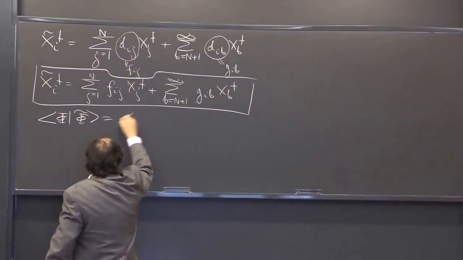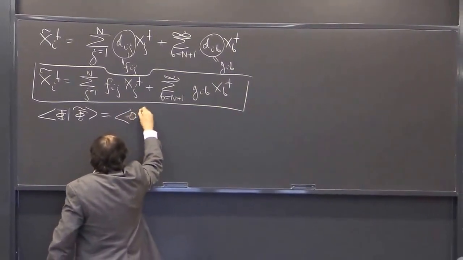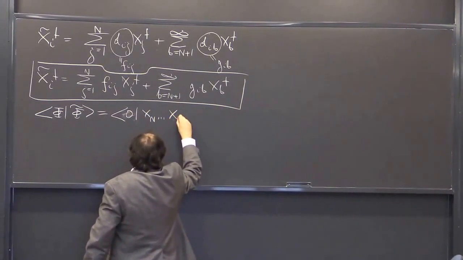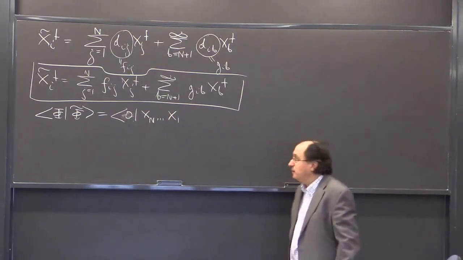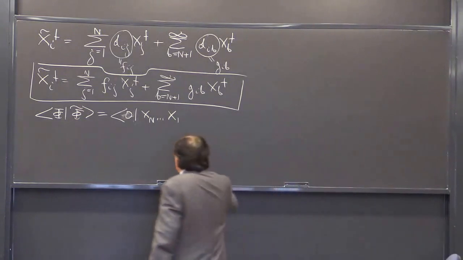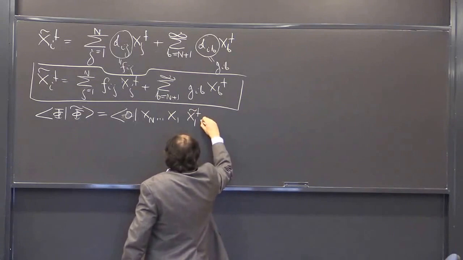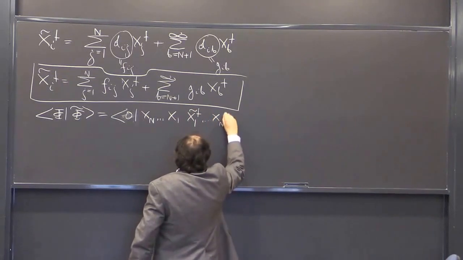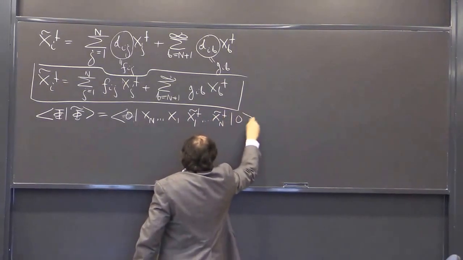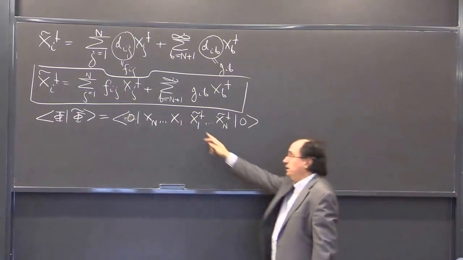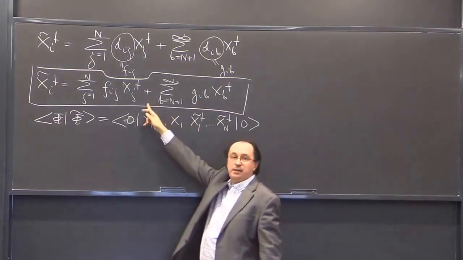So my first part will be simply vacuum here, and then xn going up to x1. Okay, that's the phi. What about phi tilde? Well, phi tilde is just the product of creation operators, x1 dagger through xn dagger, of course, all with the tildes. Well, now we know how the tilde creation operators are related to the untilted ones.